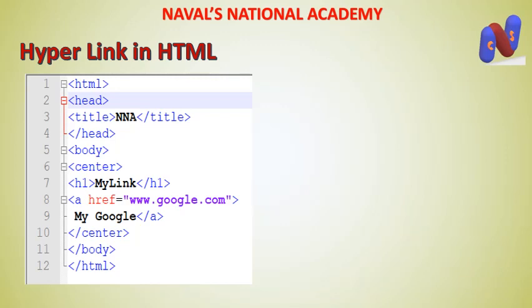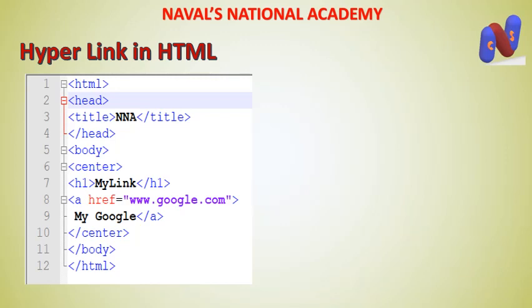In this one, inside the body I have used the center tag, and in the heading I have written my link, and in the anchor tag in the href attribute I have given the URL of a website, www.google.com, and I have provided the hypertext as my Google, and closed the anchor tag.